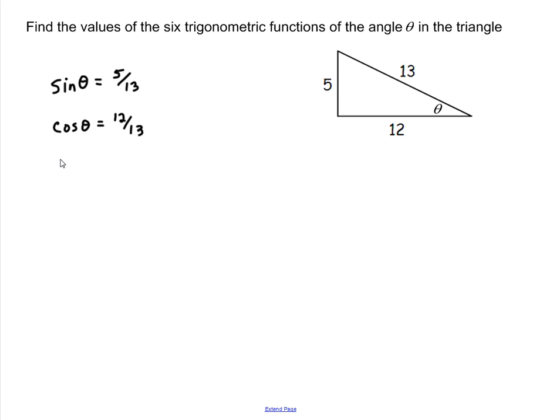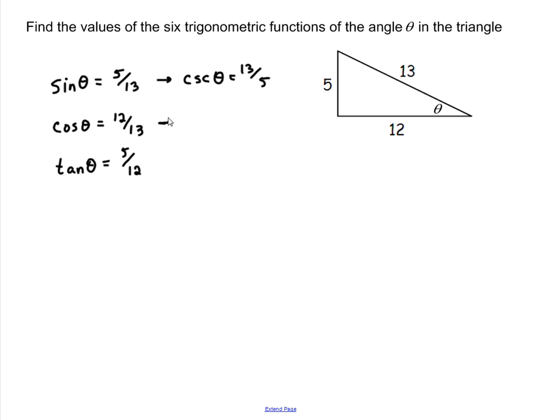If I want to write something about the tangent of my angle theta, I'm going to take the ratio of my opposite to my adjacent side, and then I'm going to go for my reciprocals. So I would define cosecant of theta in this particular case to be, if sine is 5 over 13, cosecant is 13 over 5. It's the reciprocal.